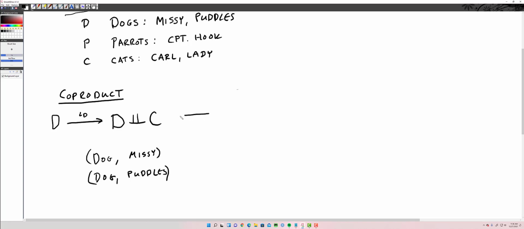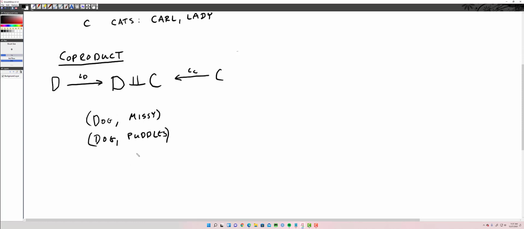And then we've also got this inclusion map from C, the cats. So we're going to list the cats as well, and we're going to specify that they're cats. So we have Carl, who's a cat, and we have Lady, who's a cat.